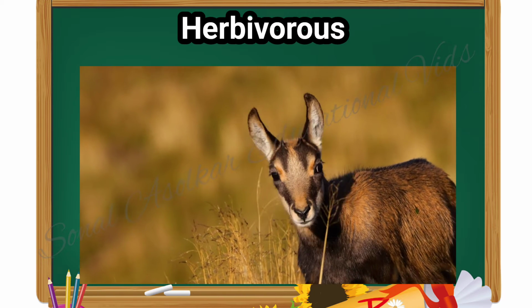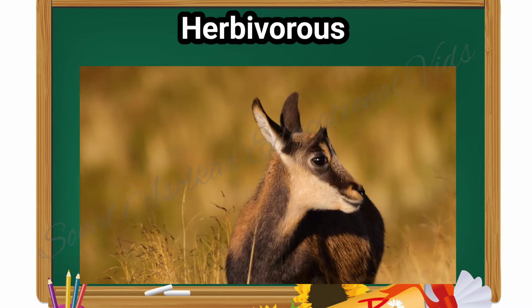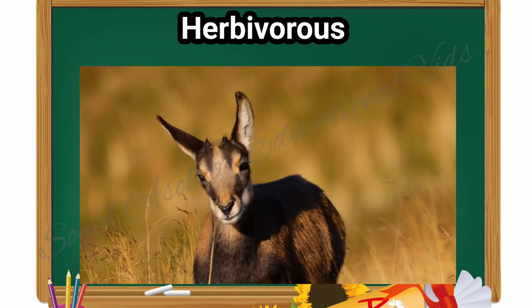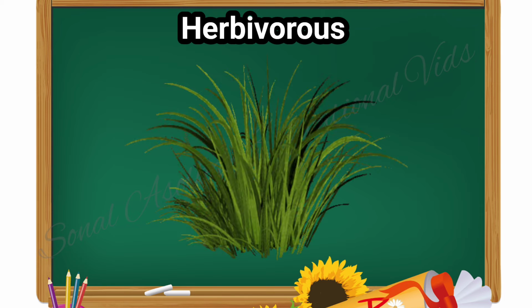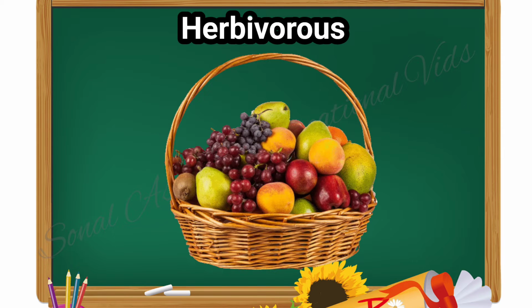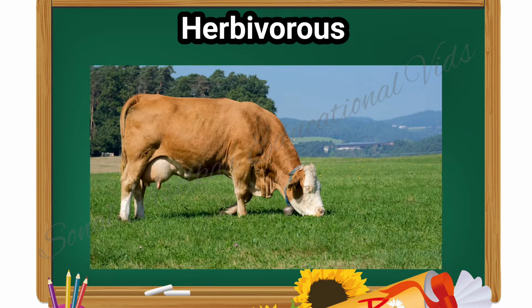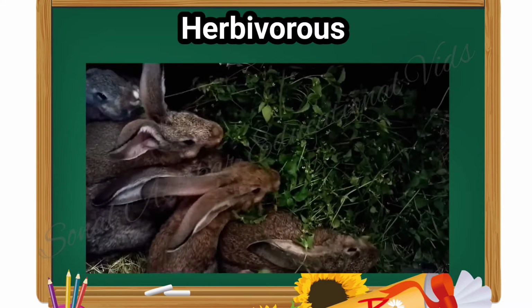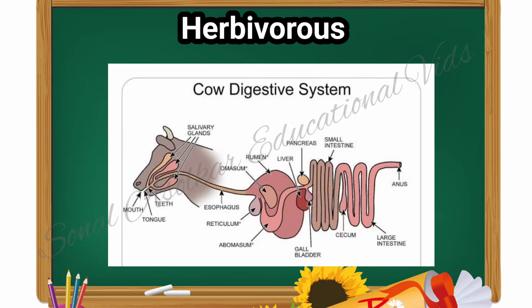An herbivorous animal is an animal that primarily eats plants or plant-based material for its nutrition. Herbivores eat a variety of plant matter, including grasses, leaves, fruits, vegetables, roots, and even bark. Some common examples of herbivores include cows, deer, rabbits, elephants, and giraffes. Herbivores often have specialized teeth and digestive systems adapted for processing plant material.